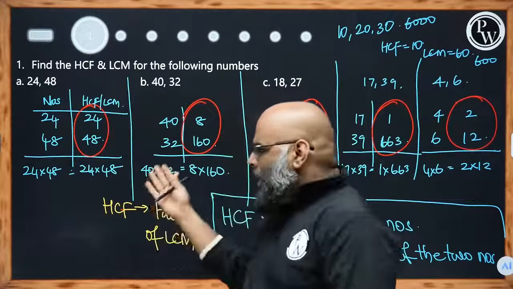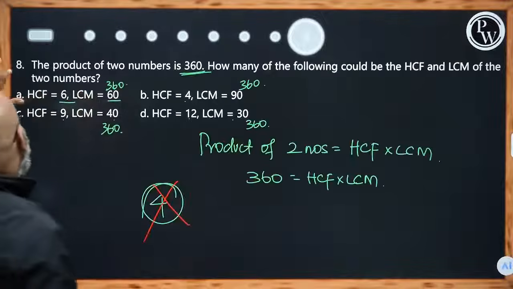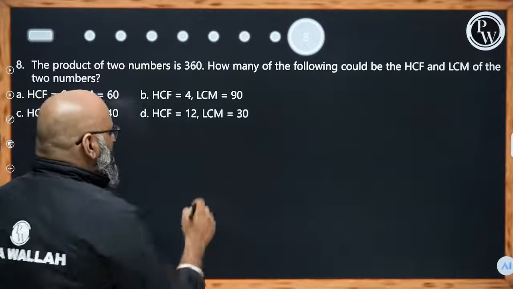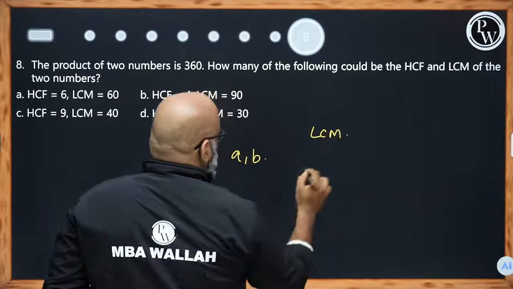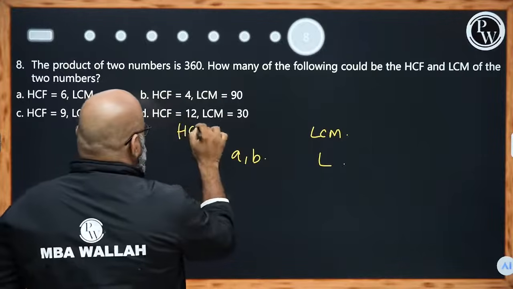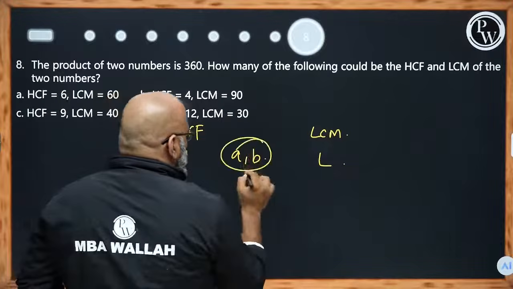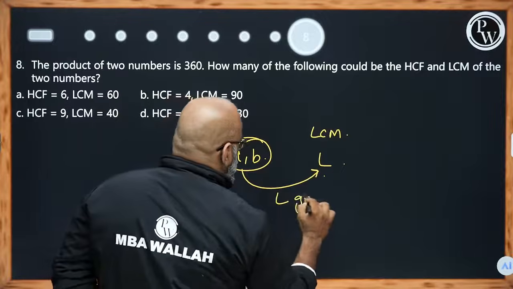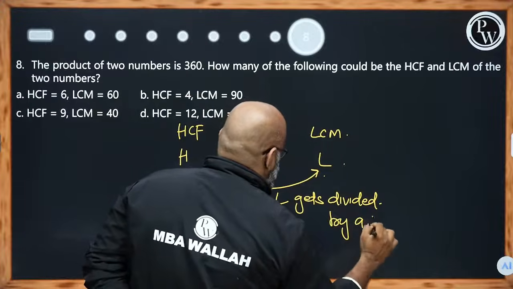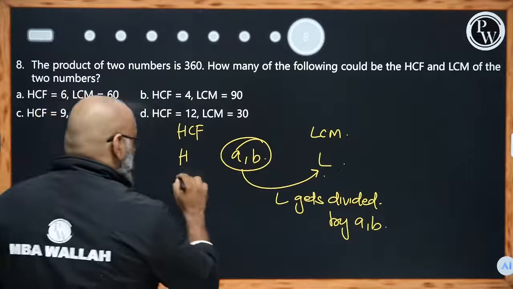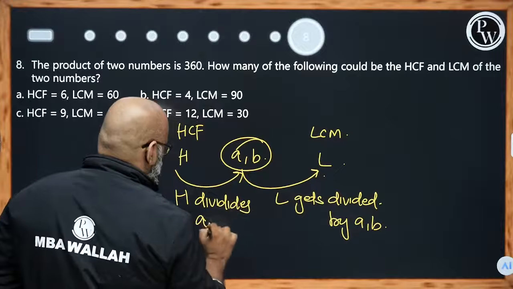Right? It has to be there, right? It has to work. We'll explain it with an example. Check this out. If I take some numbers A comma B, LCM, let's call it L, HCF, let's call it H, just to give you an understanding. LCM L gets divided by A comma B. H divides A comma B. Notice this.